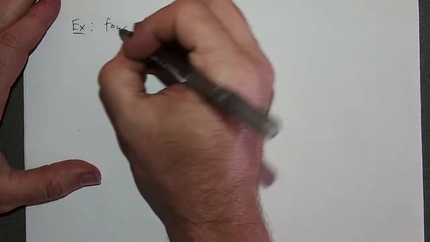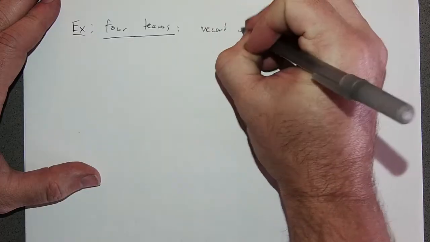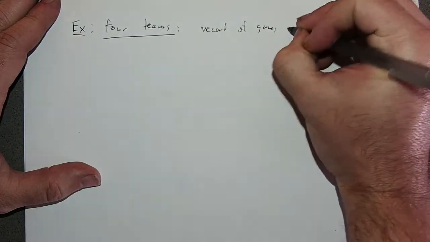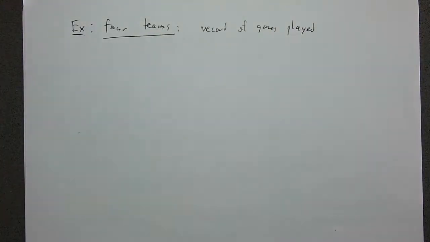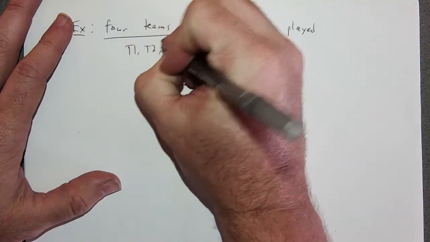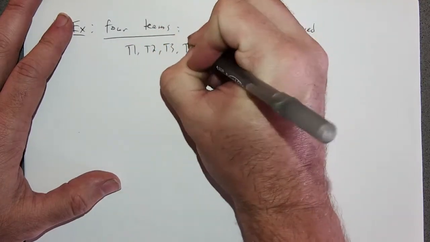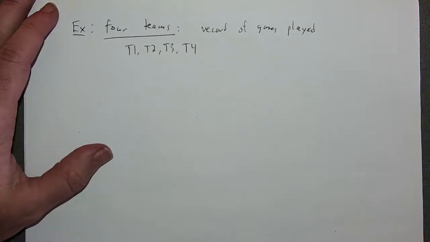Here's the record of games played, where winning by a negative point value indicates a loss, but I'll indicate that also when I'm actually writing it out. So I have 4 teams, T1, T2, T3, and T4. Not too creative with team names.